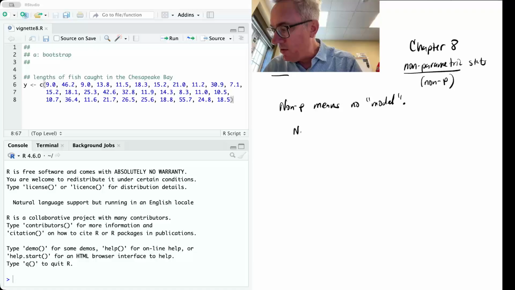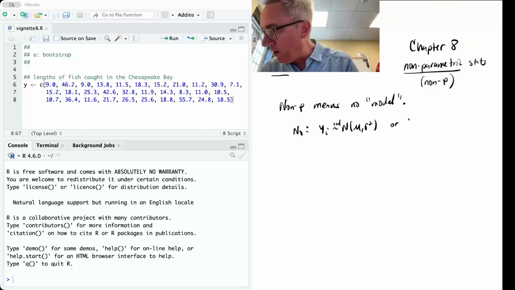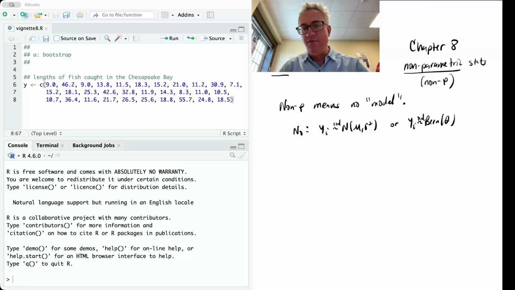So that means no Yi IID Gaussian, or no Yi IID Bernoulli. So none of those things, no Poisson distribution, no gamma, no exponential, none of the other things that you might come across in your homework and so on.